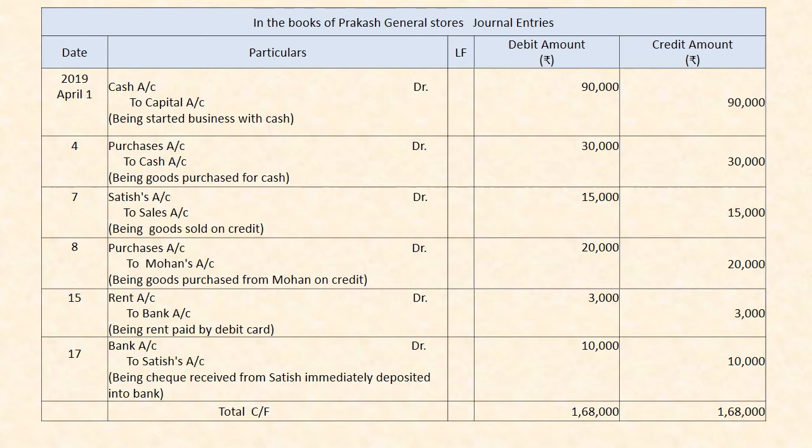Now what happened in this transaction? Purchase is an expenditure. Therefore, purchases account is debited and cash goes out. Therefore, cash account is credited. Hence, the journal entry for this transaction is purchases account debit 30,000 to cash account 30,000.